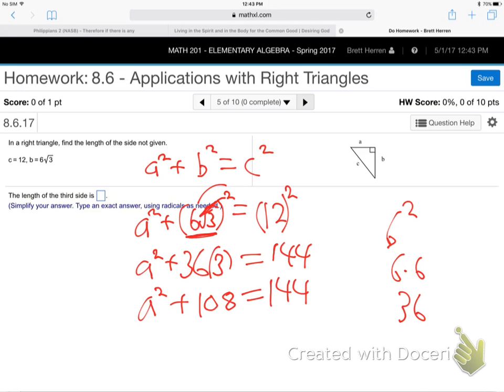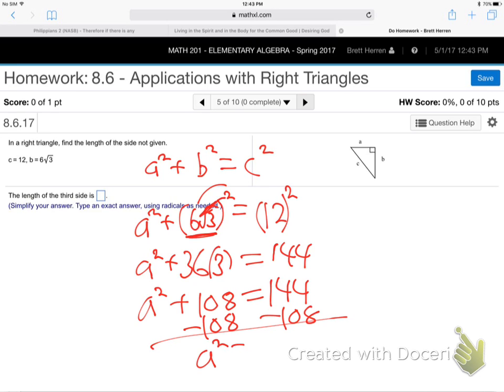Everybody see what's happening? Subtract 108, what is that? 36. Thank you. So A squared is 36.